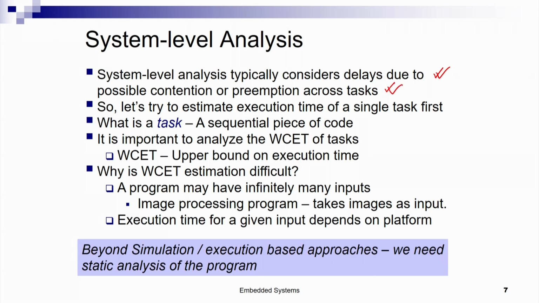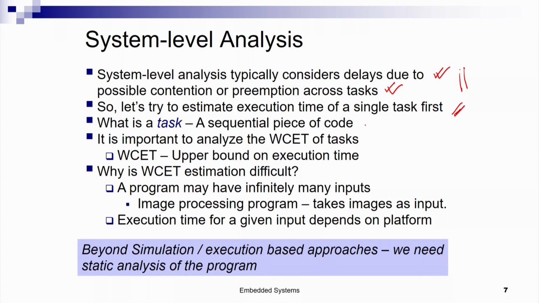So, we have to take the case of contention on the bus for messages, contention on the processors for the execution of tasks. Now, in order to do all this analysis on contention, we need to have an idea of what amount of time a task is going to take. Now, this is not very easy to do again. So, therefore, we have to first try to estimate the execution time that will be taken by a single task.